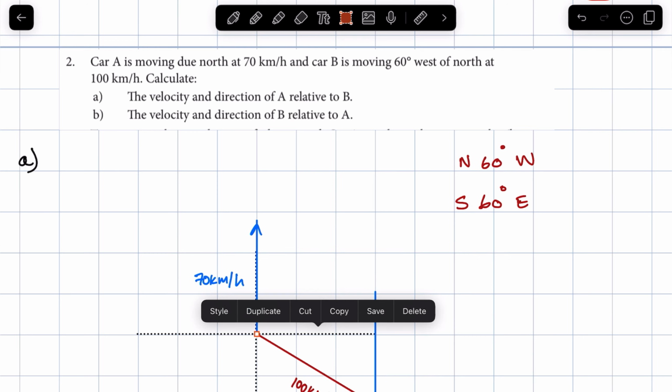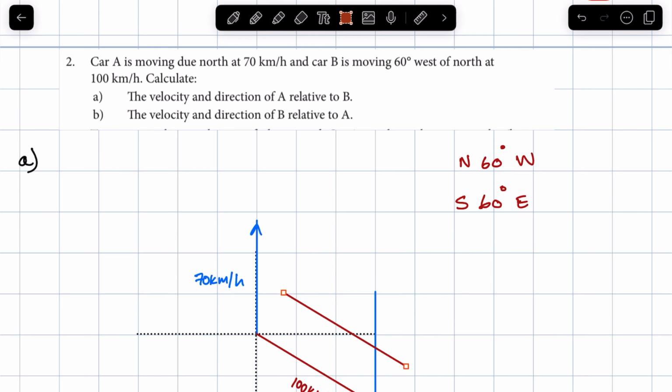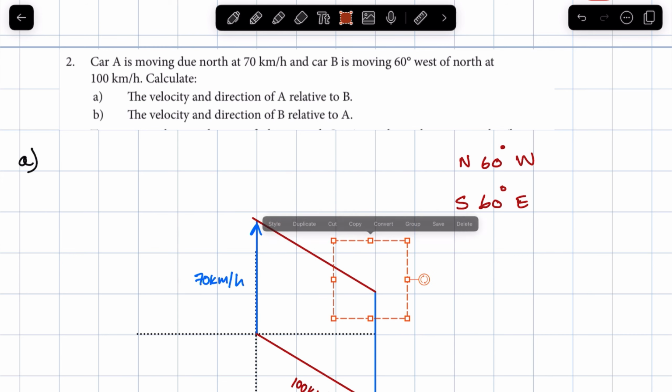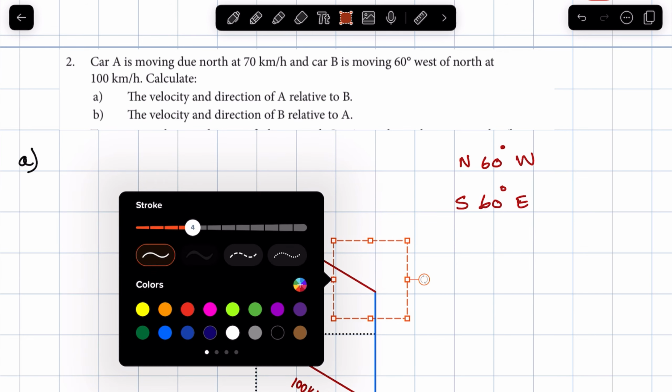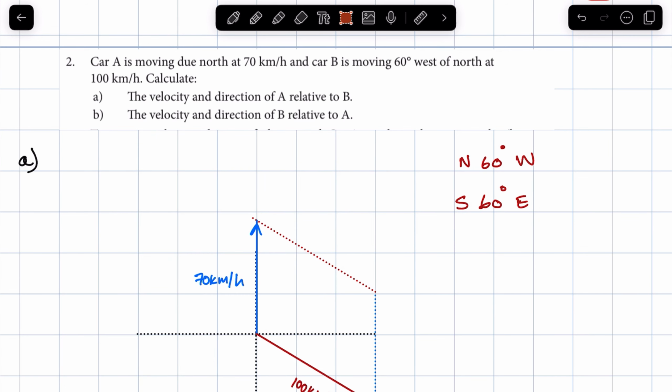And then to complete your parallelogram, we're going to have this vector, and we're going to have this vector. Remember, these two lines must be faint.